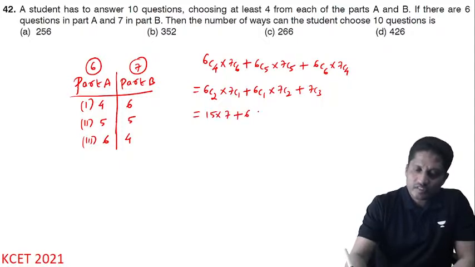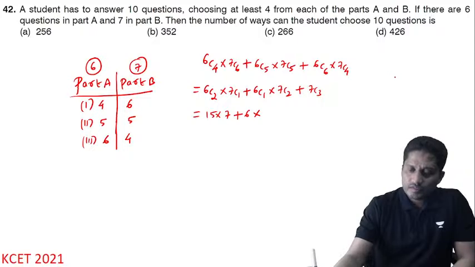Again, this is equal to 6 into 7C2, which is 7 into 6 upon 2 into 1, which is 21. 7C3 is 35, 7 into 6 into 5 upon 3 into 2 into 1. Yeah, that is 35.